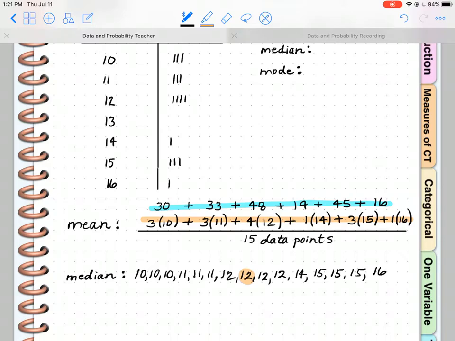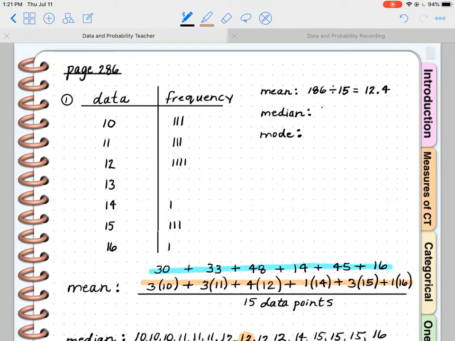So the median is 12. And the mode is very easy to see if you look at your frequency table. Which one of these has the most? Well, there's 3, 3, 4, 1, 3, and 1. The one that is the most is this one. So your mode is also 12.